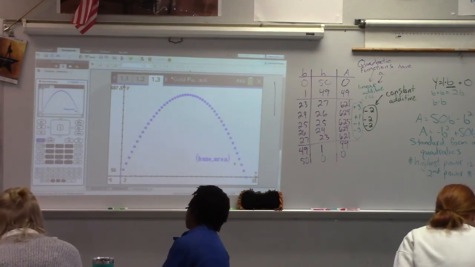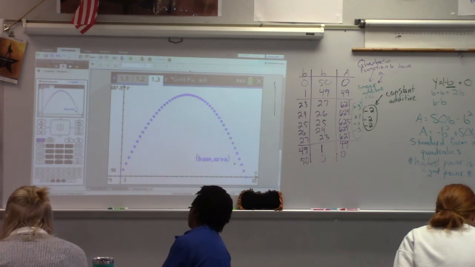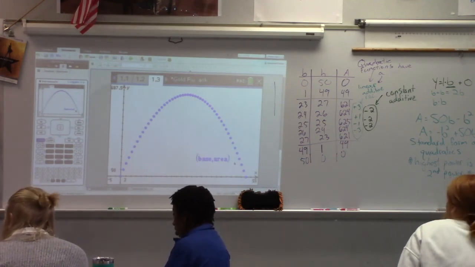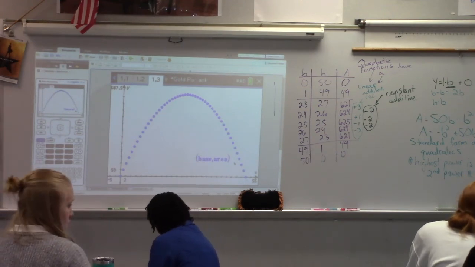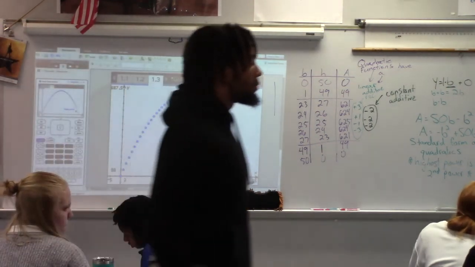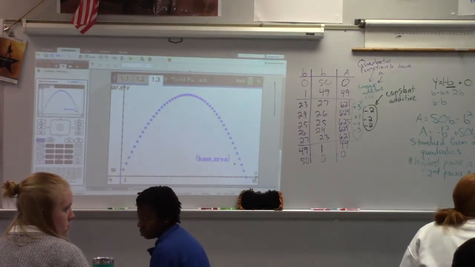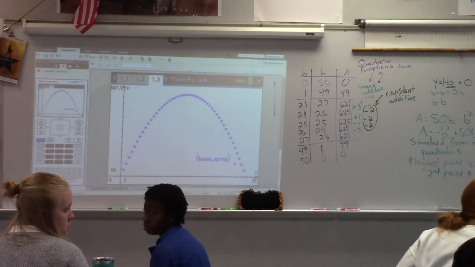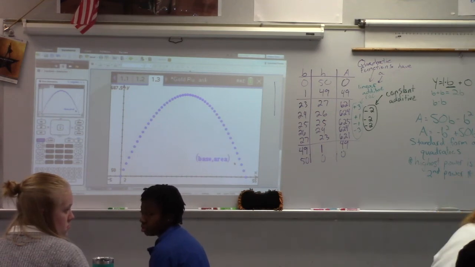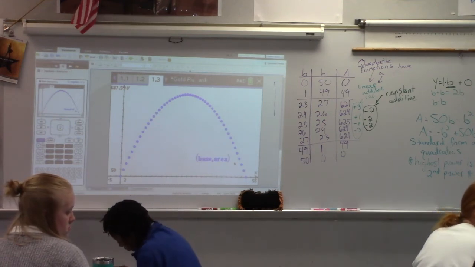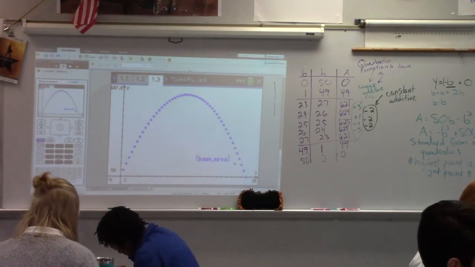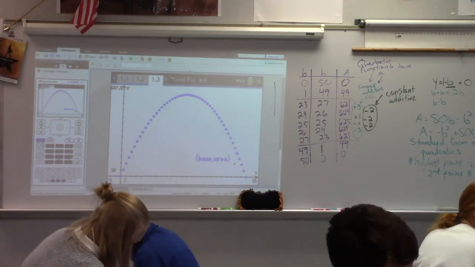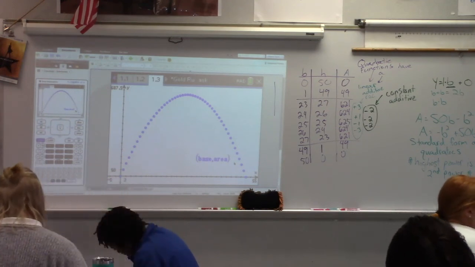Is that pretty good evidence that 25 by 25, that little maximum up there, is my biggest area? You have to hit Windows / zoom, and you need zoom data number 9.